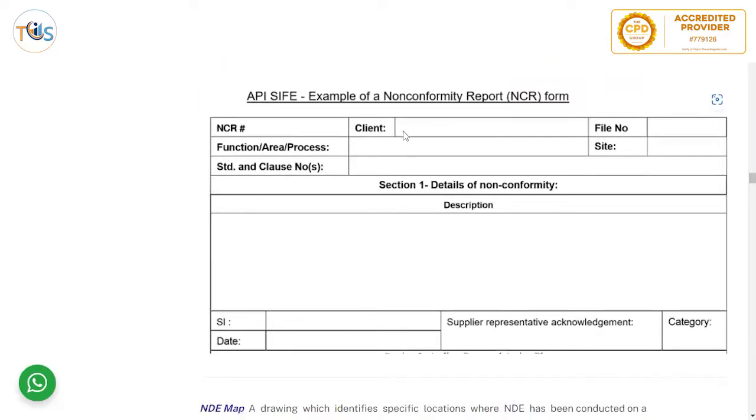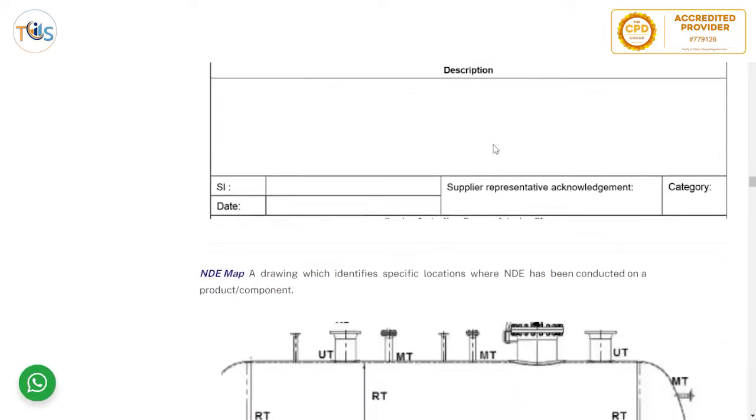So in an example of a non-conformity report, you see the NCR number, who is the client, the report number or file number, which area it happened, which site it happened, and the description of the NCR, and the source inspector will sign it, the supplier representative acknowledges it, and then the rest would be corrective action and preventive action, if any, and then it's signed off by all.